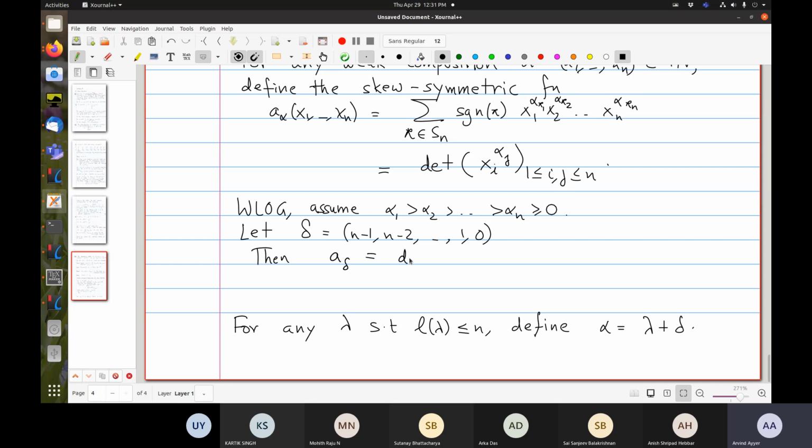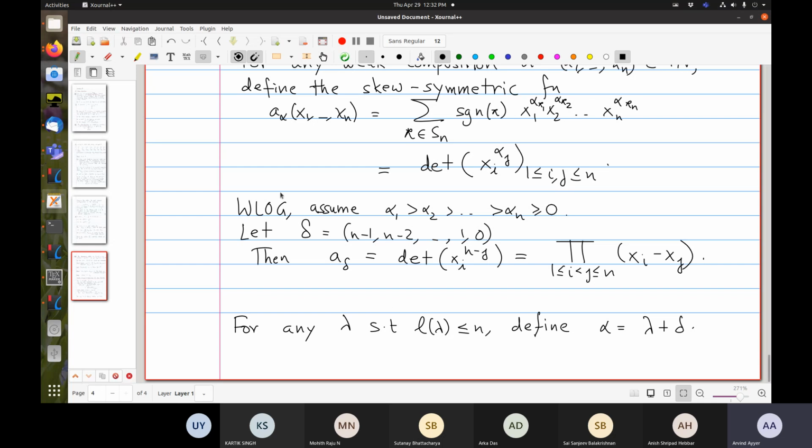A delta is the determinant of x_i to the n minus j, right? Alpha j is n minus j, j going from 1 to n. And this you have seen before, it is already given in one of the homework problems, homework 1. This is the Vandermonde determinant. So it's the product over 1 less than or equal to i less than j less than or equal to n of x_i minus x_j. Right? So we have seen that before.